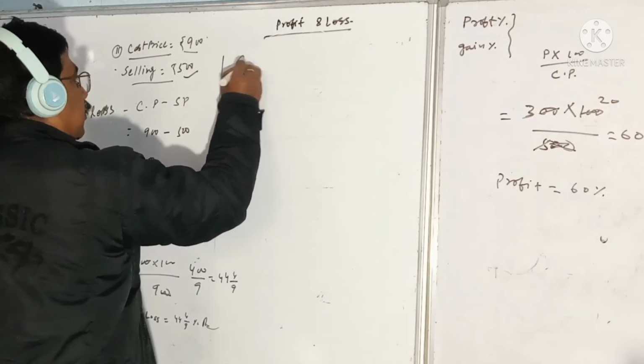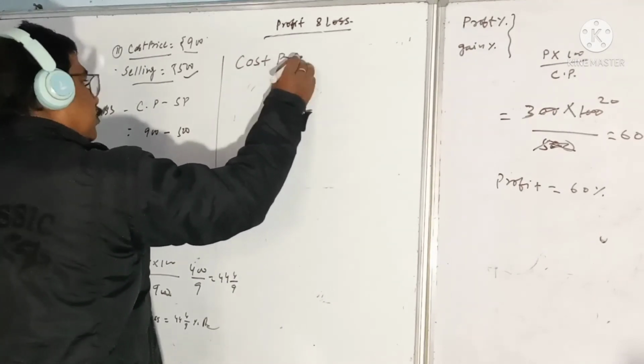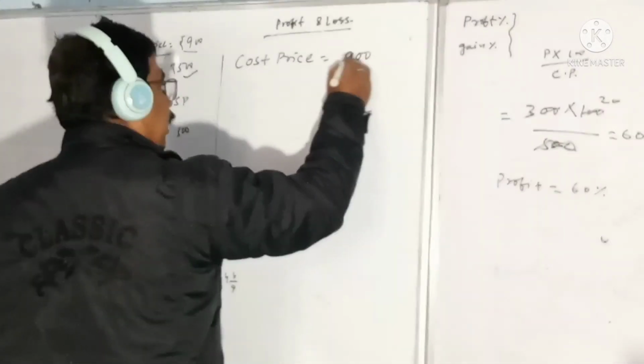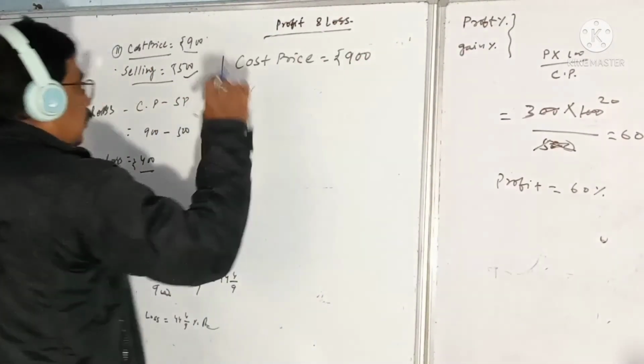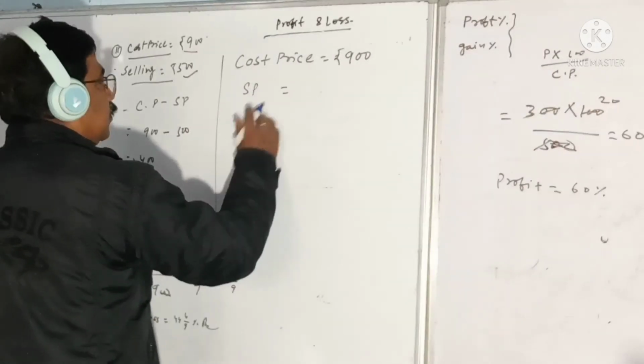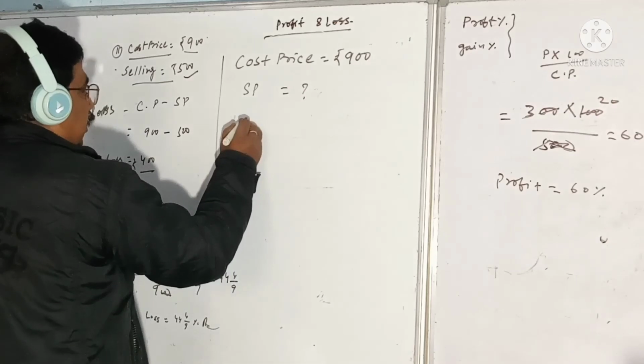Given cost price is equal to 900 rupees or dollars, and selling price is equal to what?